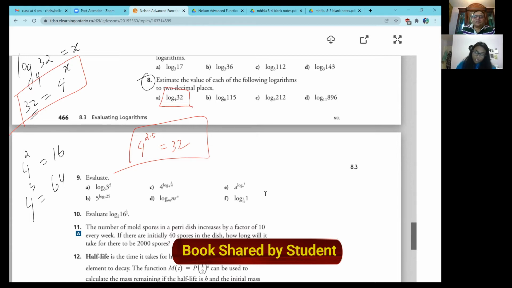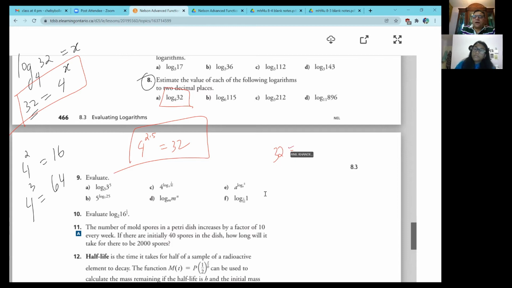If you think about it, 32 can be written as 2 to the power of 5, right? And we want that to be equal to 4 to the power of x, correct? But 4 can be written as 2 squared.